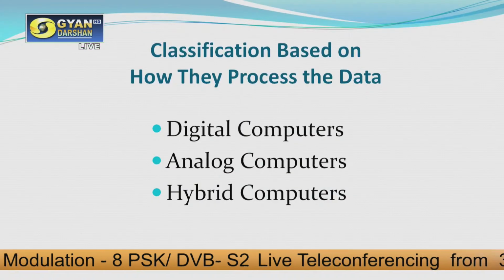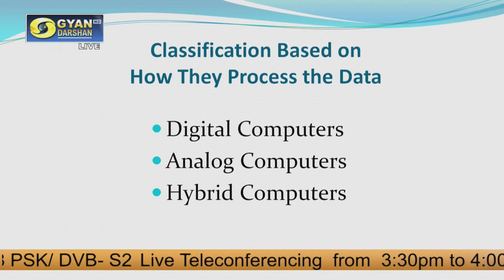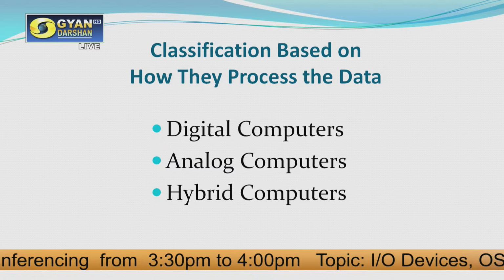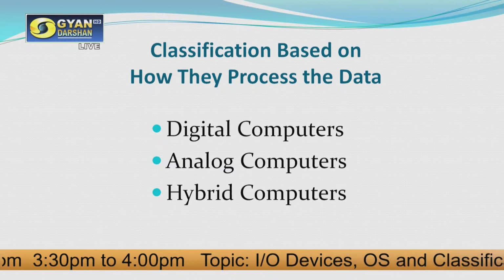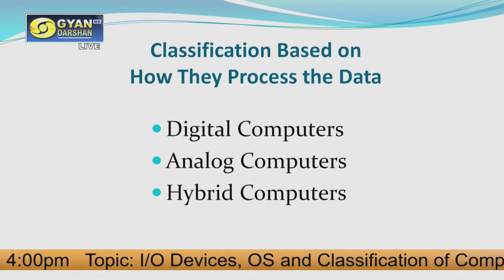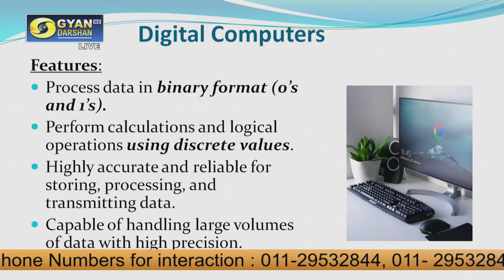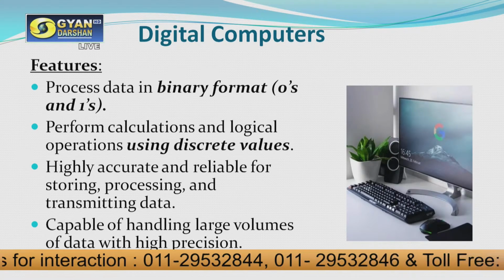If you take the case of computers which are classified based on how they process the data, they are divided into 3. The first one is the digital computers, the second one is the analog computers, and the third one is the hybrid computers. The name itself says that the digital computers support binary formats like zeros and ones, and they perform calculations and logical operations using discrete values.